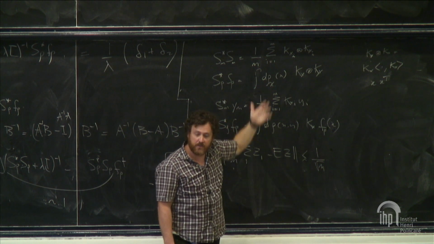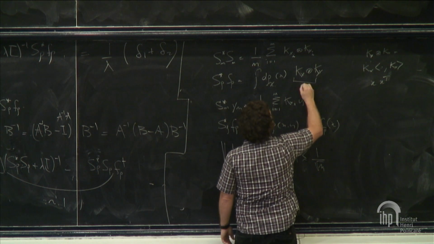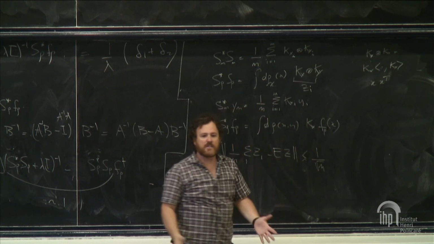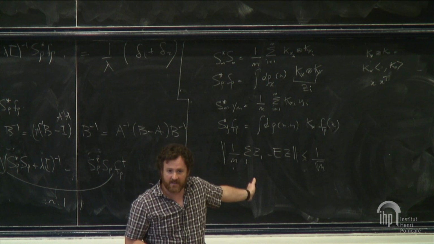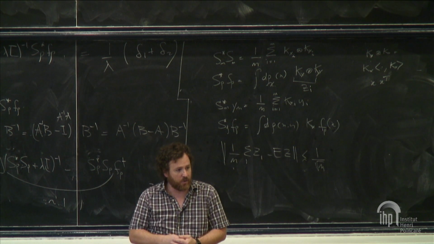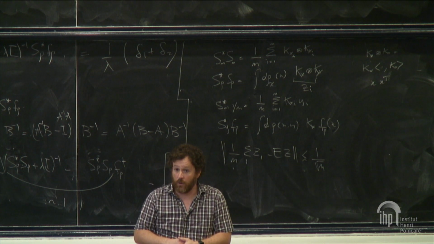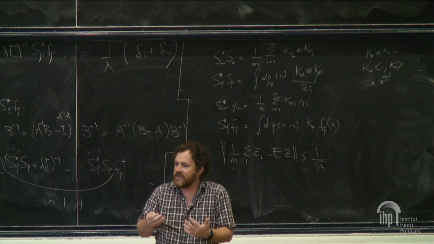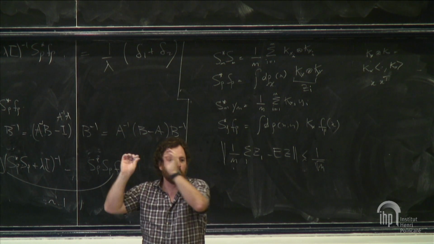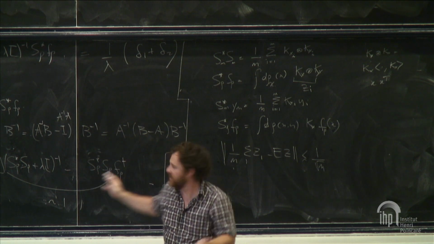Okay? I'm glossing over it because here you can do a bunch of things. The basic idea is you can just call these zi and use results where you work in the Frobenius norm, and then it's elementary, or you use some more sophisticated concentration inequality like non-commutative Bernstein, and you work right in an operator norm. The thing I'm trying to communicate here is that you take an inequality and plug it in, and you just check that things are bounded, and then it's for free.